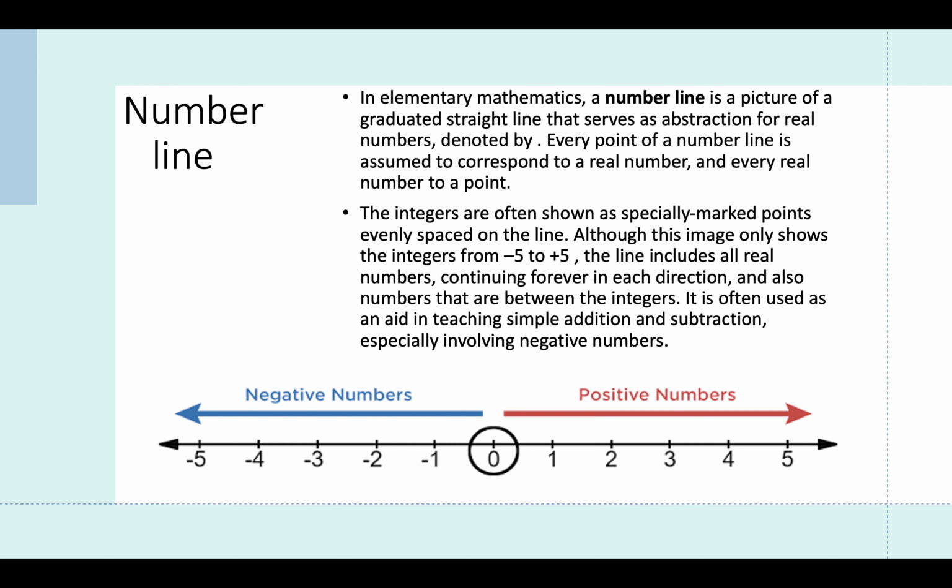Although this image only shows integers from -5 to 5, the line includes all real numbers continuing forever in each direction and also numbers that lie between the integers. It is often used as an aid in teaching simple addition and subtraction, especially involving negative numbers.